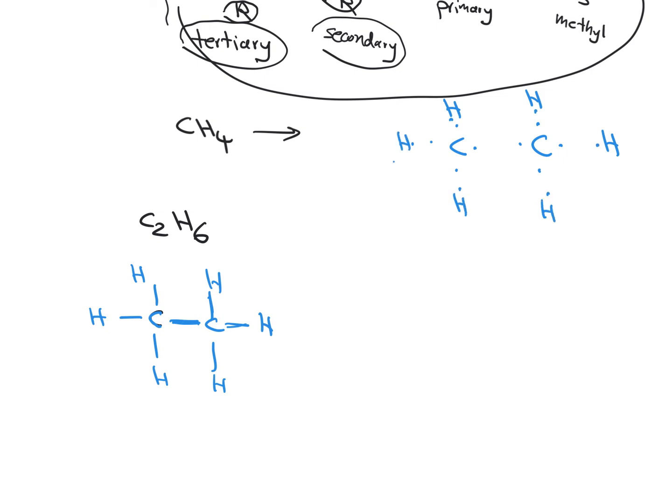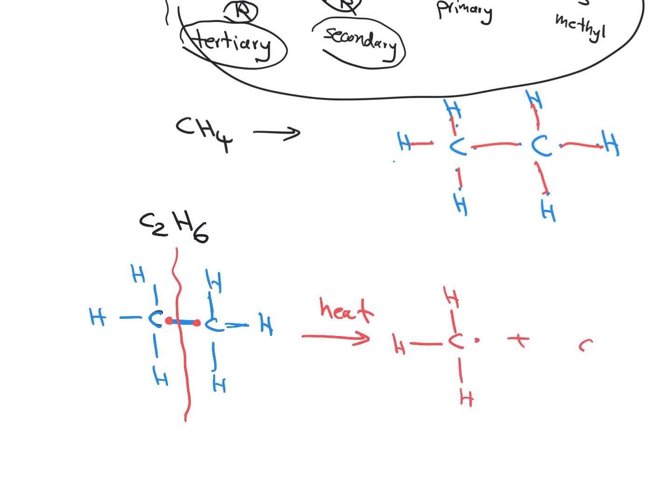And then these 2 electrons form a bond between them, right? So now if you give ethane heat, you break down this molecule, so it would be 2 methyl radicals. So this would be, for instance, one example.